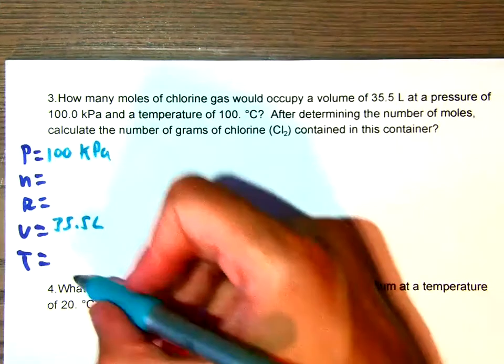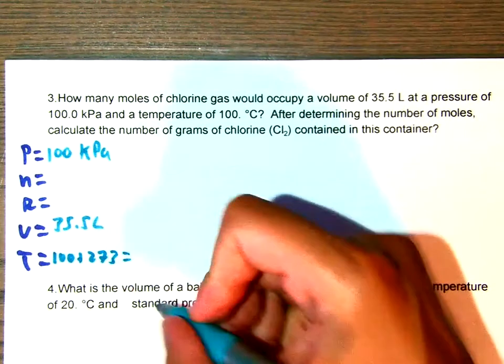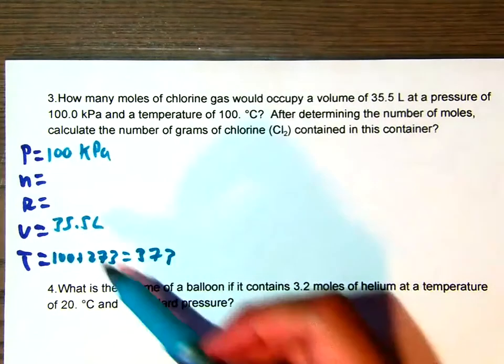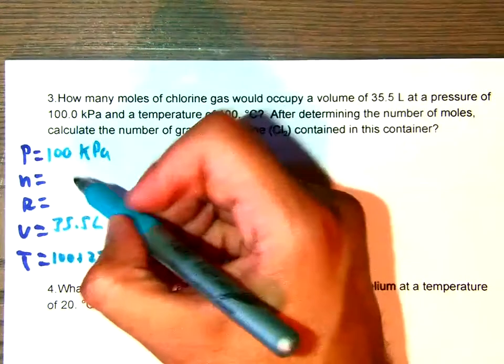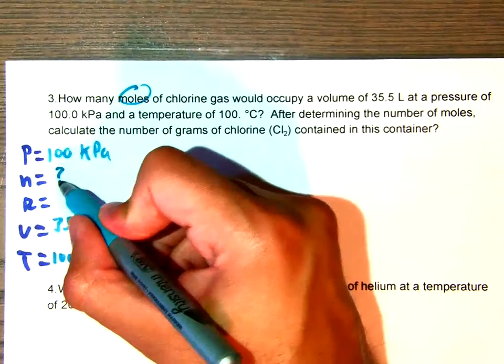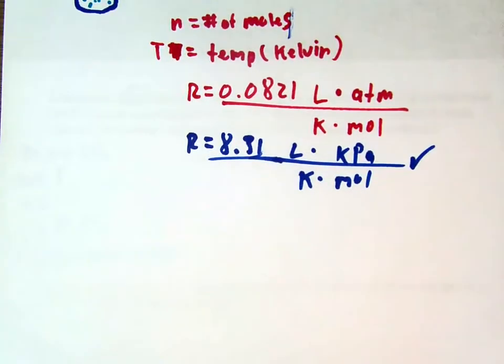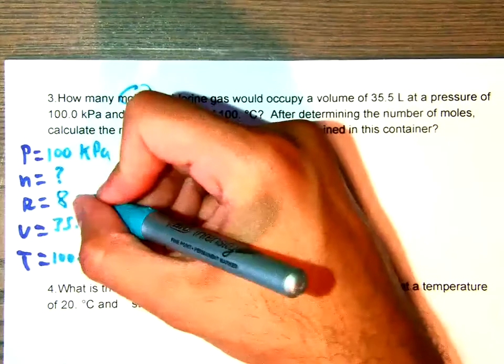So remember, temperature is going to be 100, but I got to turn that into Kelvin. So 273 gives me 373. Okay, and then N is what I'm looking for, my number of moles, because it said how many moles, right? R, well, I used kilopascal, so I need to use that second value now. I can't use that first one, so I'm using 8.31.